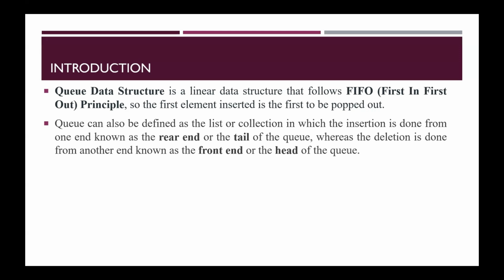In a queue, one end is used for the insertion operation, another end for deletion. The end where we insert elements into the queue is called the rear end or tail of the queue, and the end used for deletion is called the front end or head of the queue.